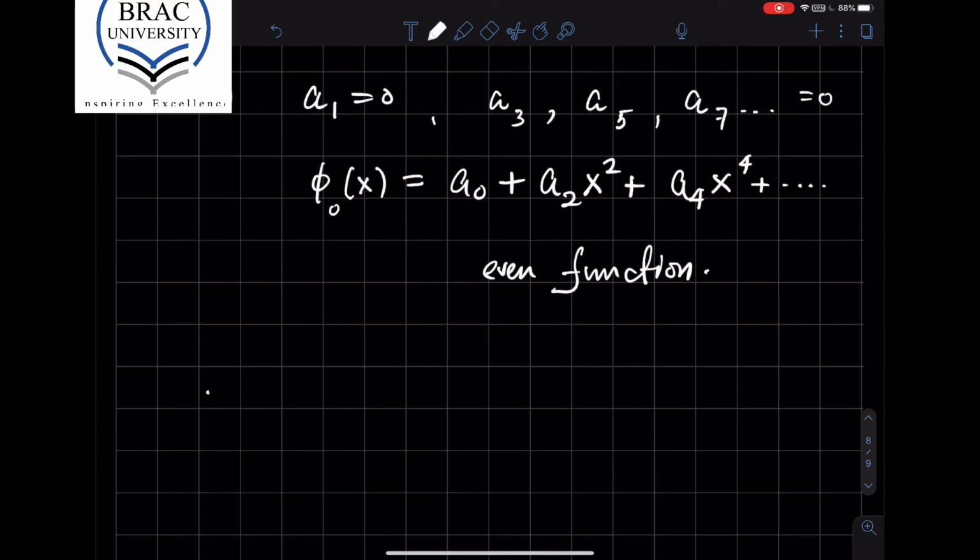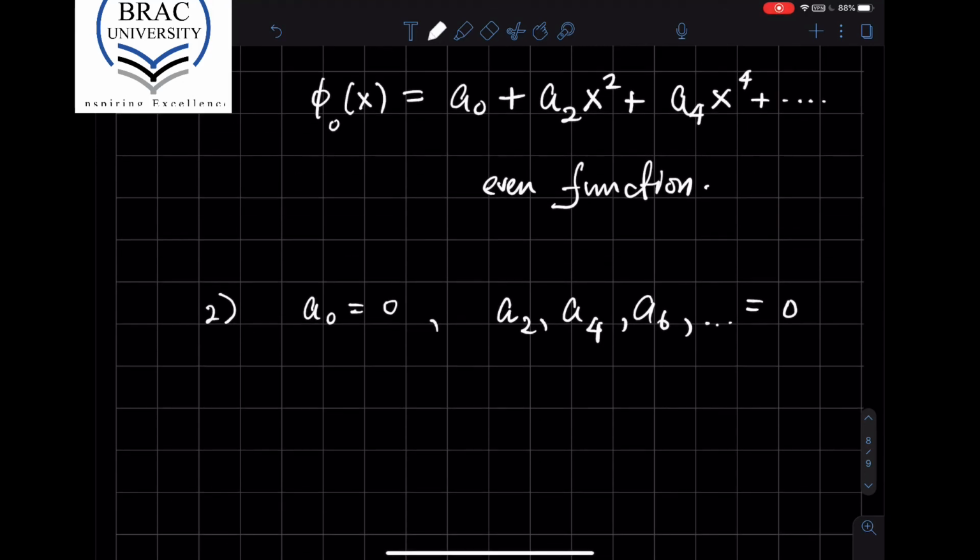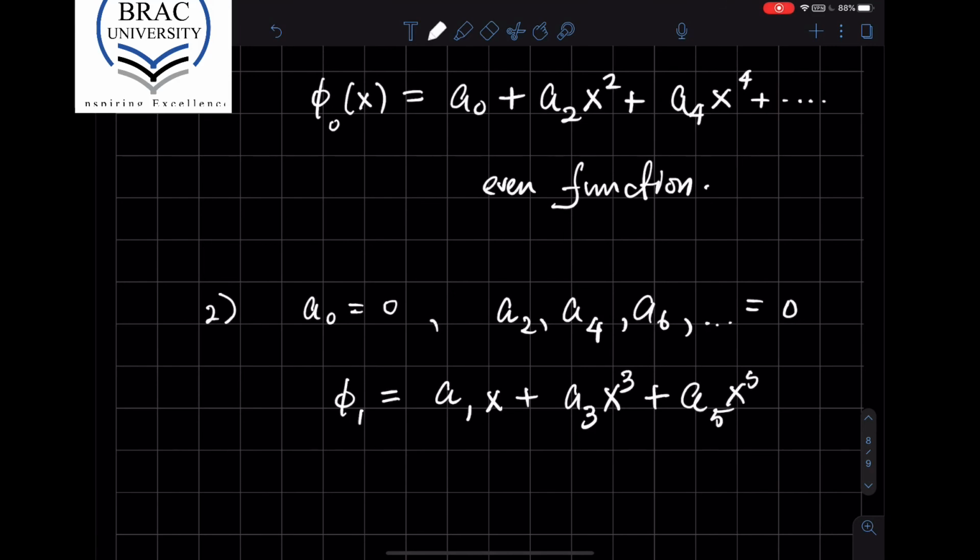On the other hand, if we had chosen a_0 to be 0, then that would mean that a_2, a_4, a_6, all those even coefficients are 0. In that case, the solution is given by a_1 x plus a_3 x cubed plus a_5 x to the fifth, and so on.